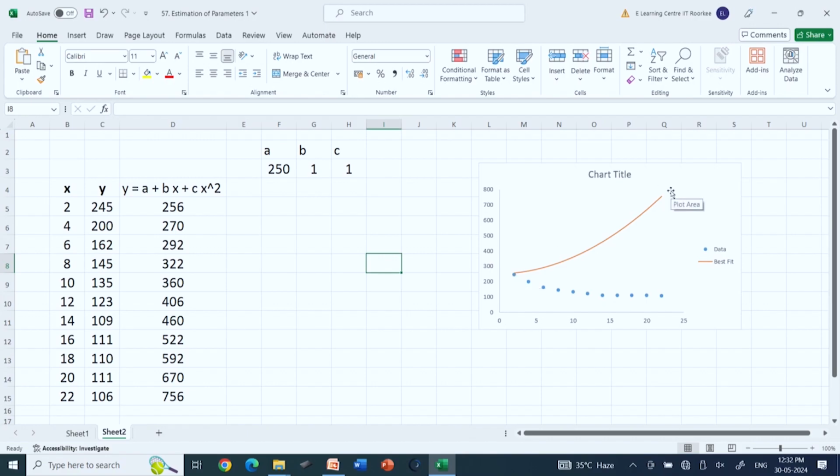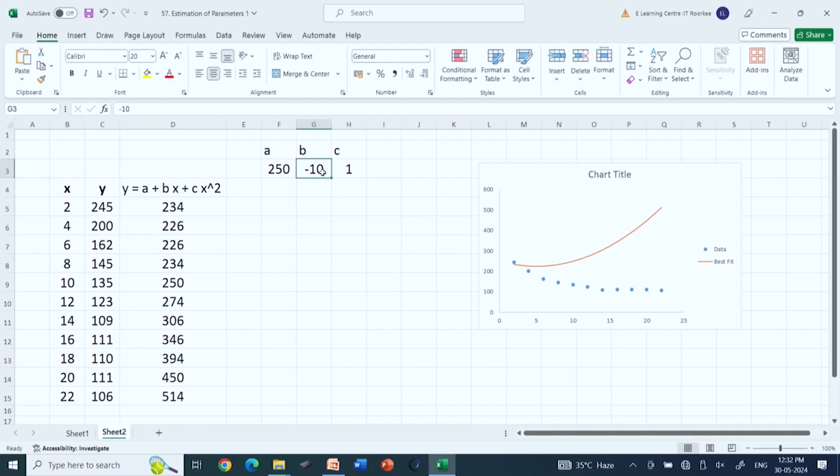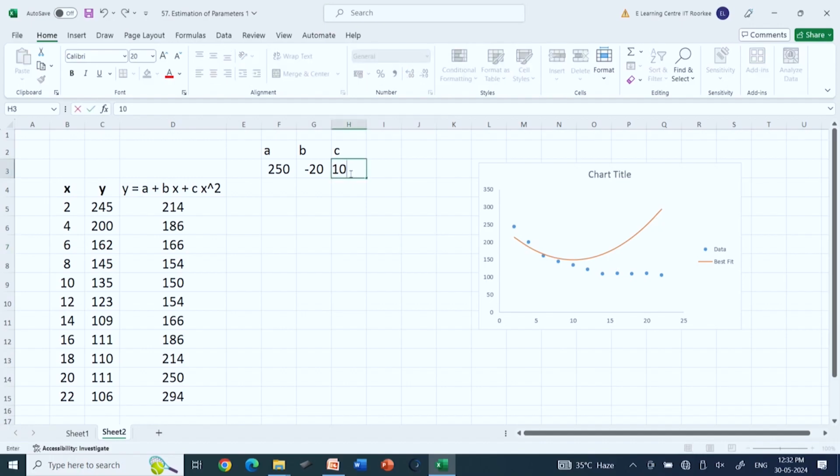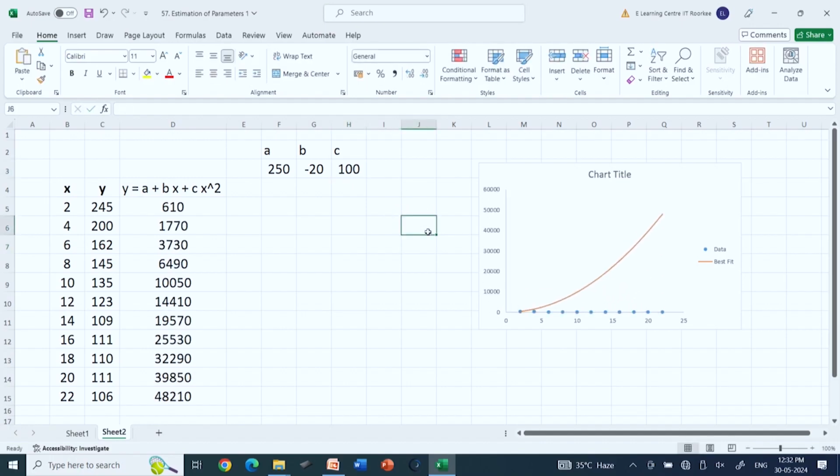And then I have to bring this down. So if I want to bring this down, say -10, okay, it comes down a bit. -20, okay, it's going down. And then I have to bring this one also down, say 100, okay. So you have to play with this a bit.